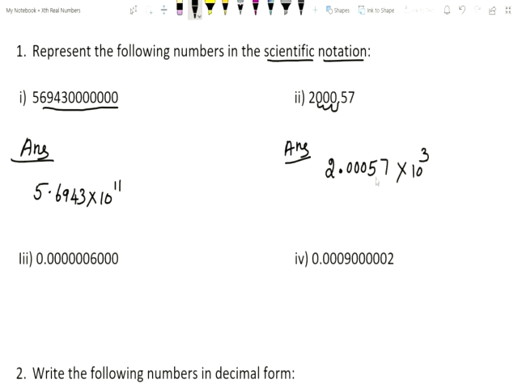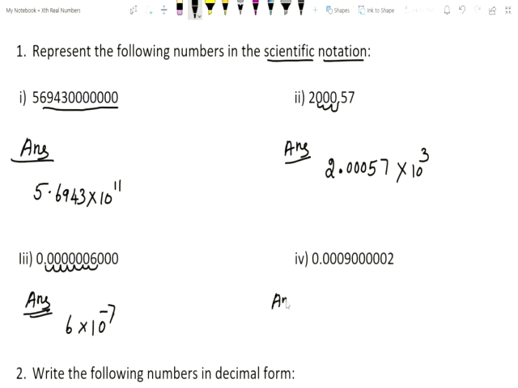The next one starts from 0 point, so this is a negative power. See here, 1, 2, 3, 4, 5, 6, 7. Here we are going to keep 6 into 10 power, how many did we say? 1, 2, 3, 4, 5, 6, 7. So 10 power minus 7.